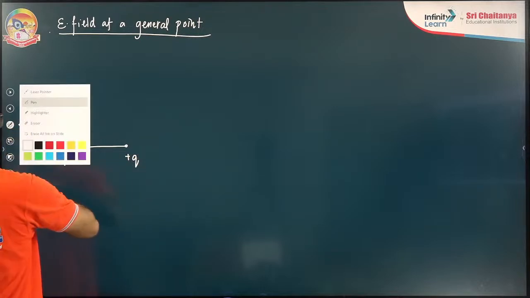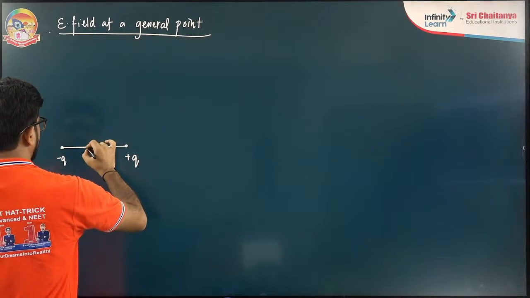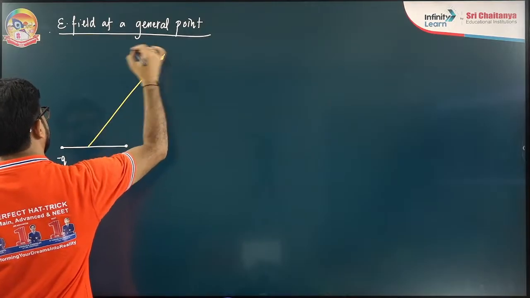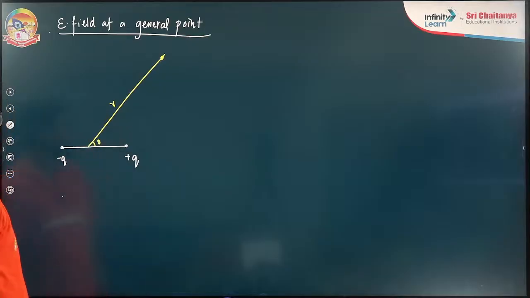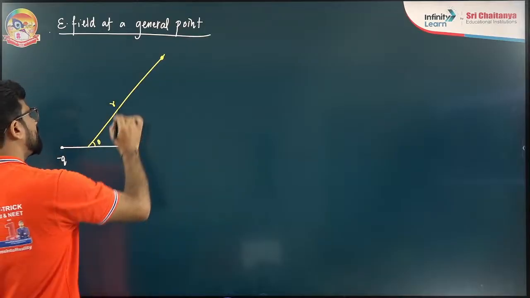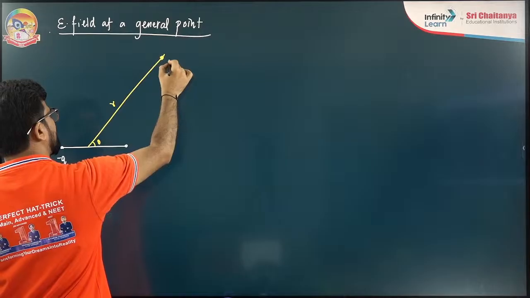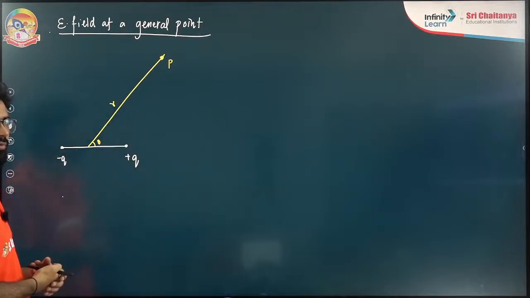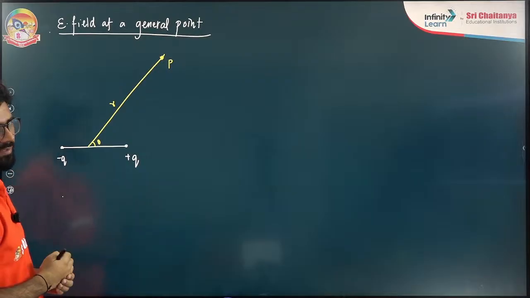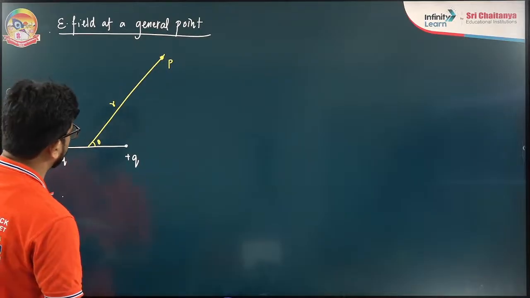If you see any general point here, this angle is theta and this separation is r. At this point P we want to calculate the field. So how to calculate that, you have to understand carefully. Please focus.